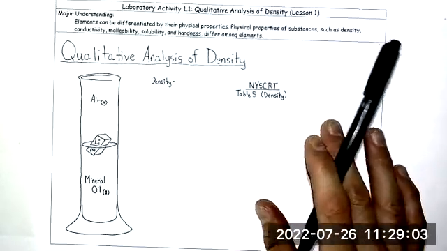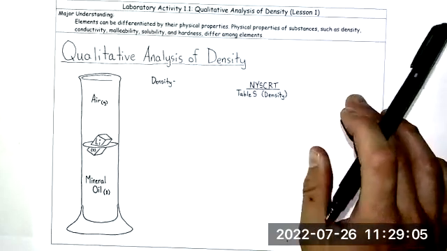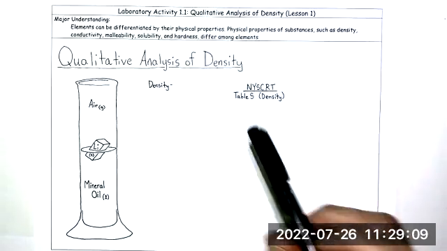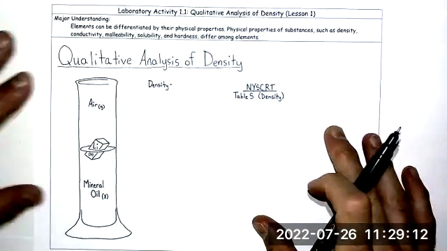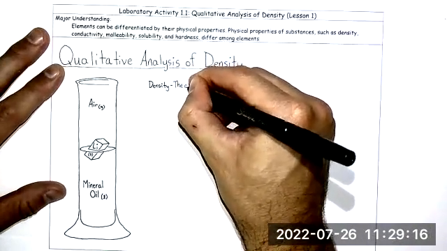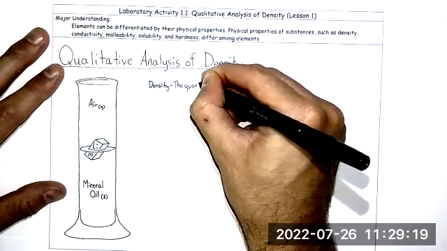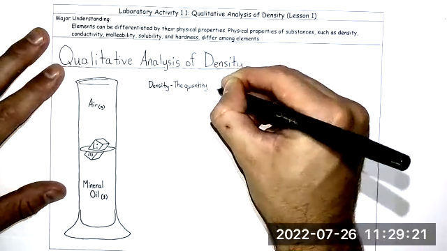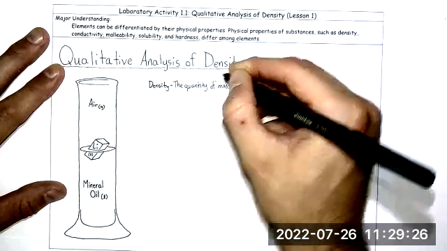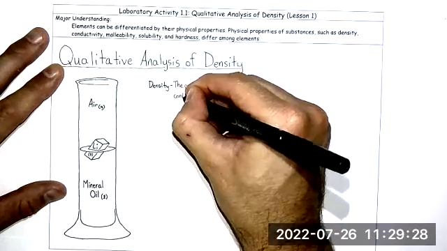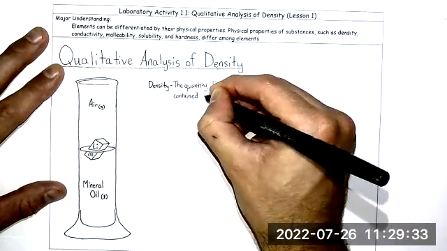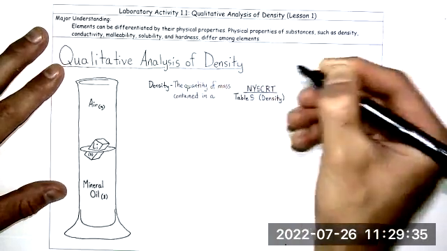Okay, and so today we're just going to focus on density, and we're going to focus on qualitative or relative density. Density is the quantity of mass contained in a specific volume.